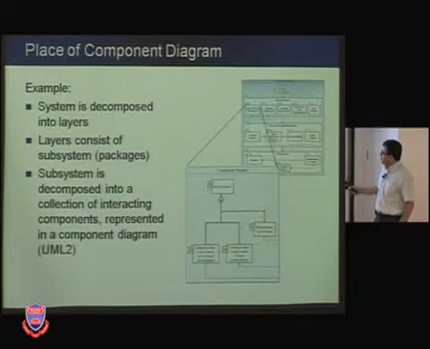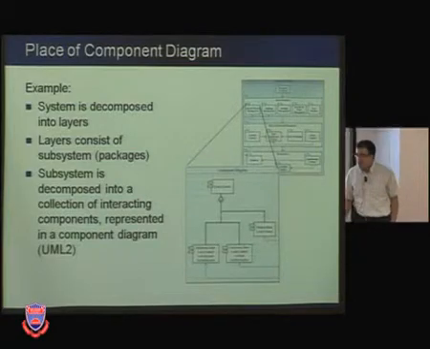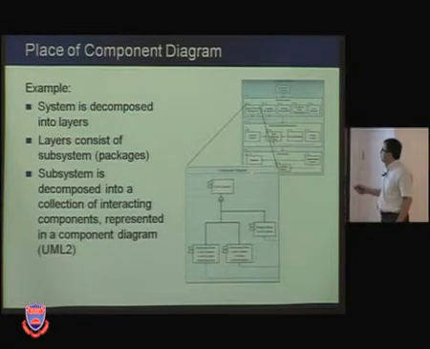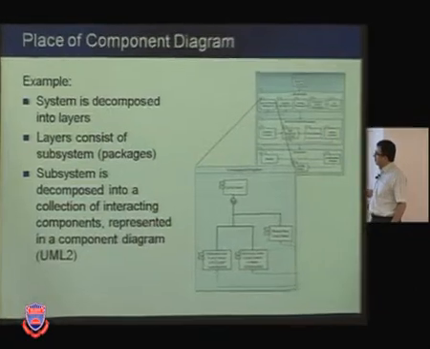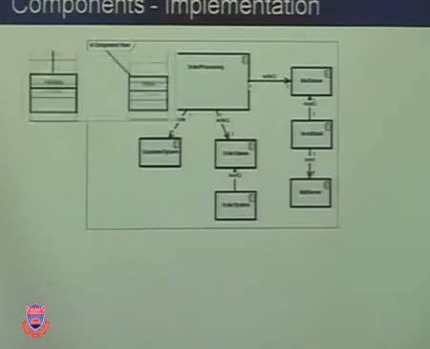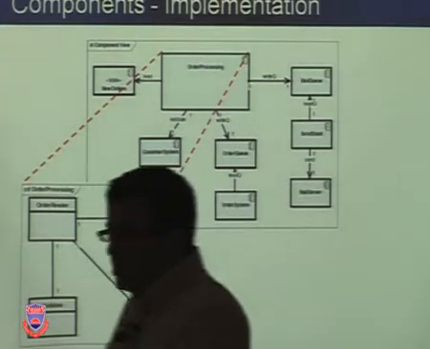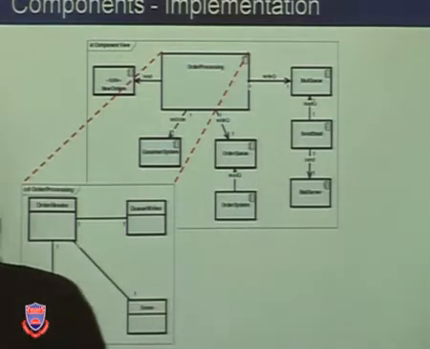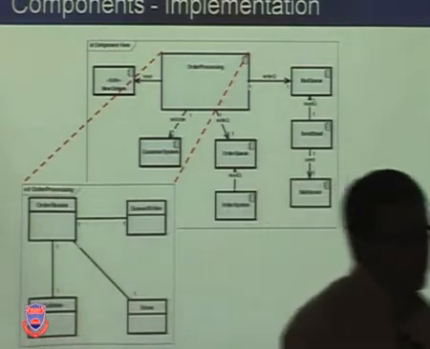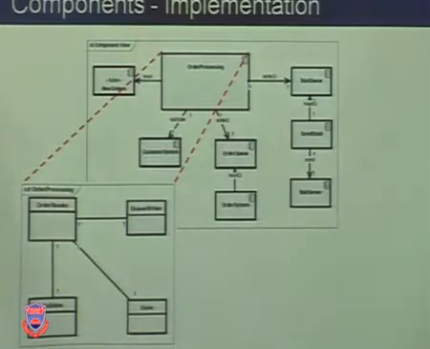So here's the component. This represents the runtime entity. The component itself, this is one component, can be implemented as a set of, for example, classes. Okay? So we said components are a higher level of abstraction than objects. Okay? So that's the relation.